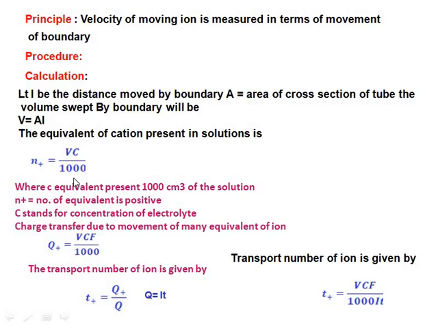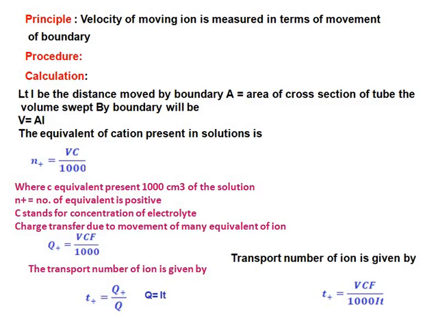And therefore the charge transferred due to movement of these many equivalents of the cations will be Q plus, that is, Q plus is equal to VCF upon 1000.